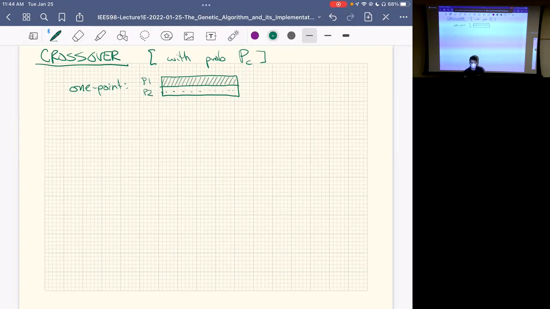The way crossover works is you pick a point. This could be a randomly chosen point, or you could always say we're going to cross over between genes 2 and 3.